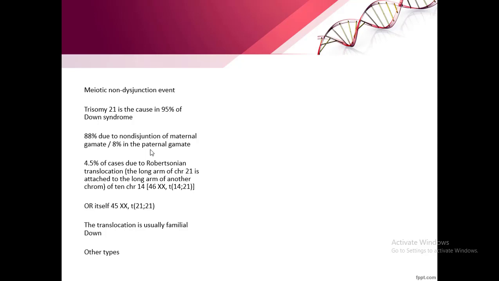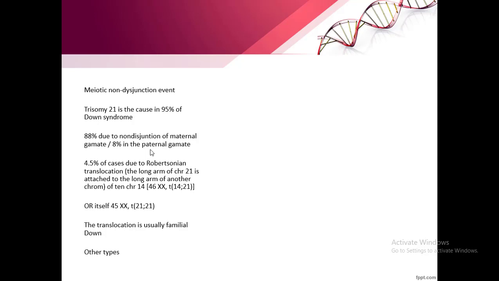It is due to a meiotic non-disjunction event, okay, and it causes a trisomy of chromosome 21. This trisomy is the cause in 95% of Down syndrome. 88% of these trisomies are due to non-disjunction of maternal gamete, and 8% are due to non-disjunction in paternal gamete.